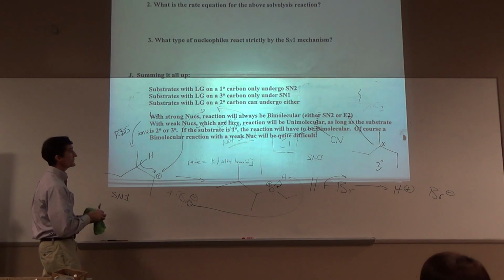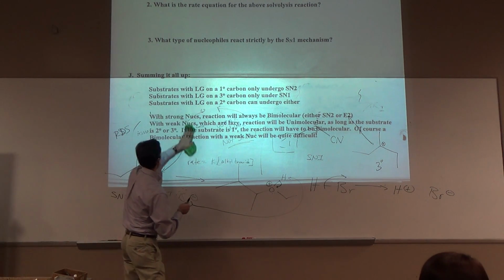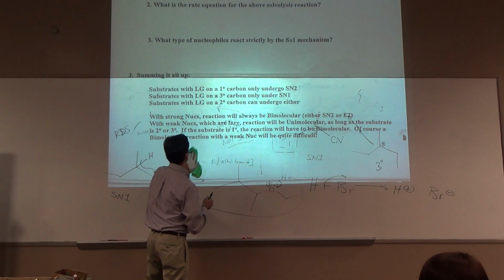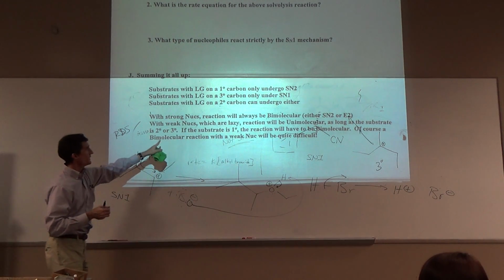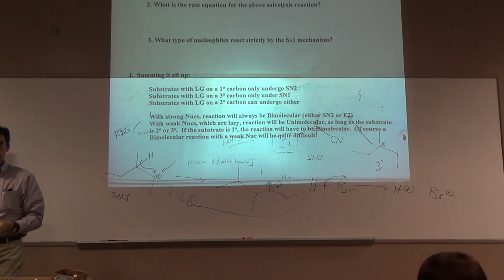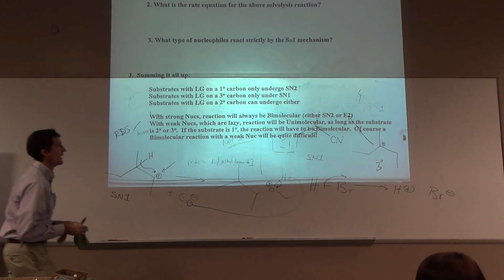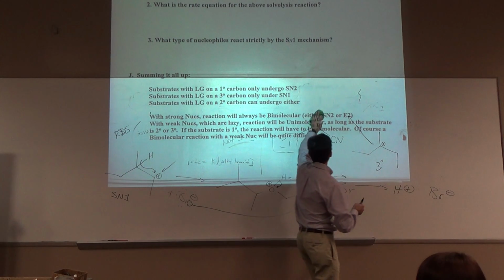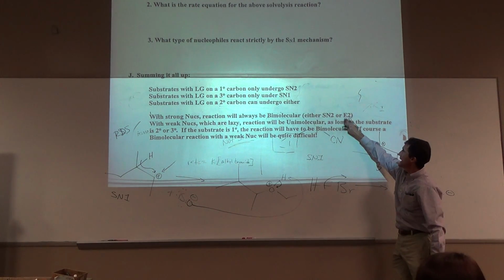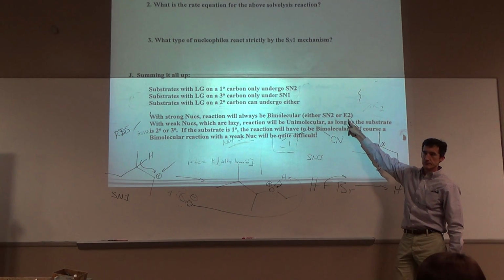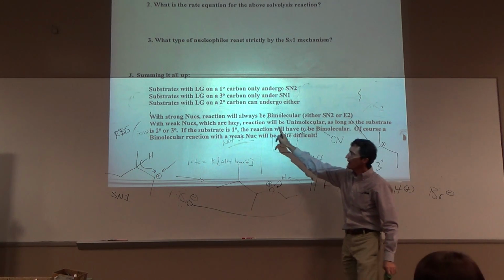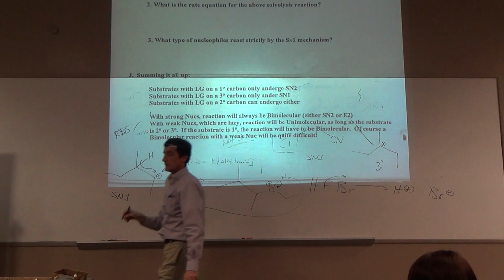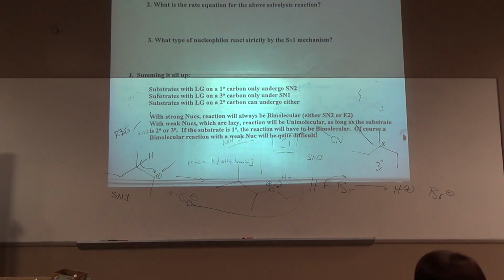Okay, let's look at some other comments here. With strong nucleophiles, reaction will always be bimolecular. That's SN2, because 2 means bimolecular. It's also going to mean E2 when we get to elimination, so elimination bimolecular. If it's a strong nucleophile, it'll be bimolecular. Why will it always be bimolecular?